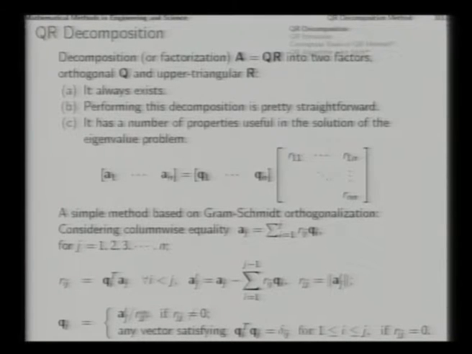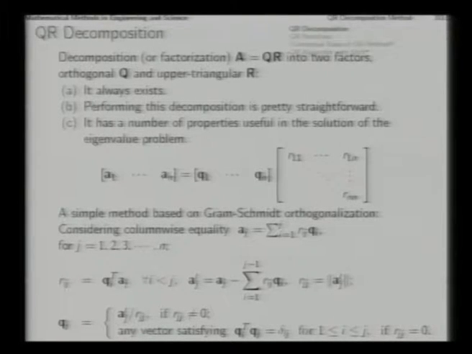If rjj is 0, then that constraint is removed, and in that situation any vector satisfying this orthogonality requirement is acceptable for qj. With this process till the end, you can decompose the matrix into Q and R factors. Now, this is a very simple straightforward method by which you can effect the QR decomposition.